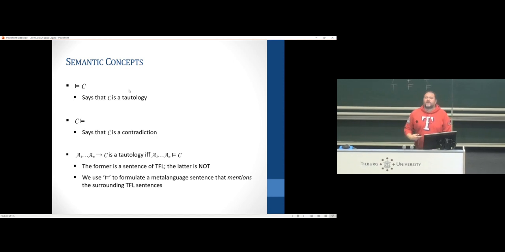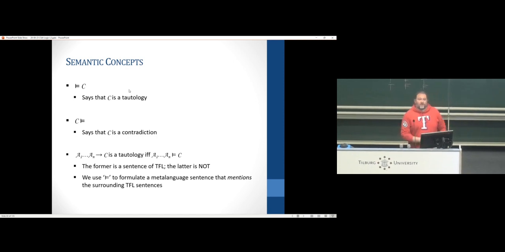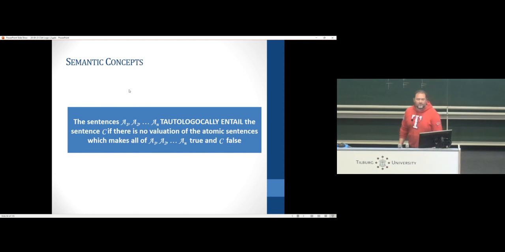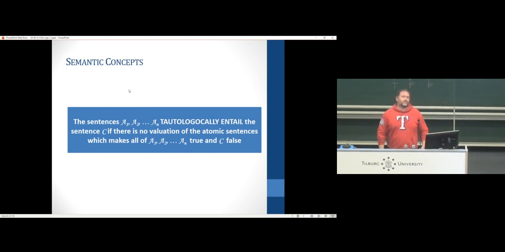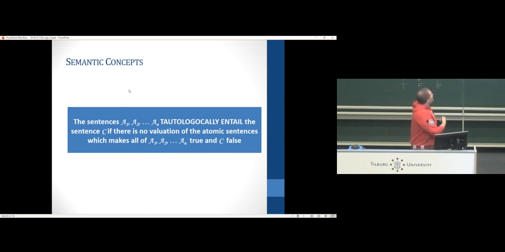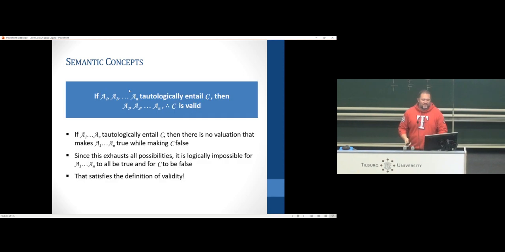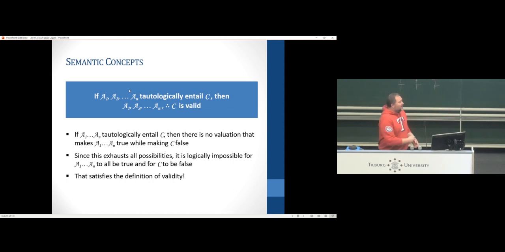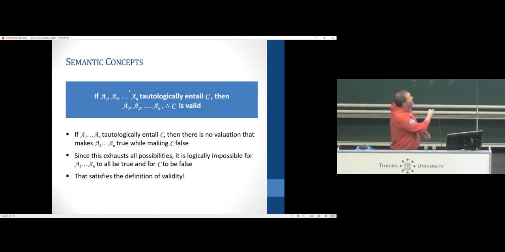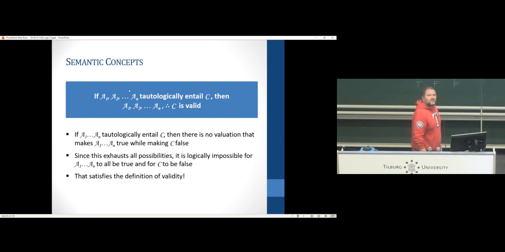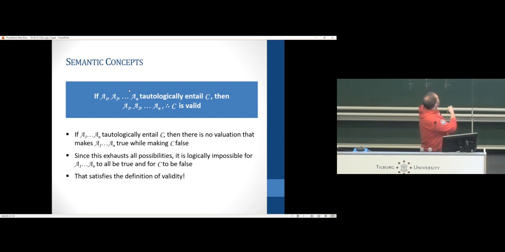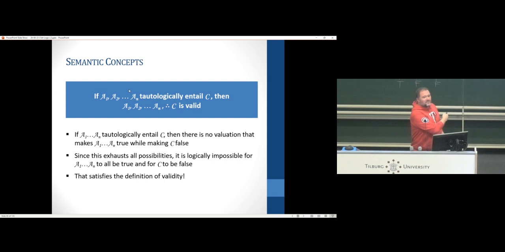But the big trick, the big connection about entailment is that it gives us a way to capture validity. So we spoiled it, but if we read this, it should feel a lot like validity, just in terms of valuations. That means we can say this. If A1 through AN tautologically entails C, then the argument with premises A1 through AN and conclusion C is valid.